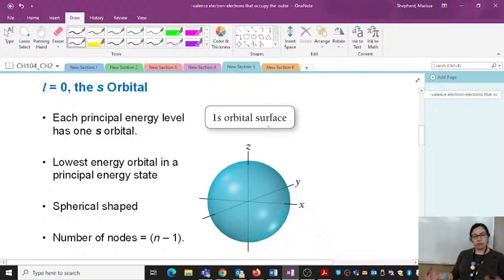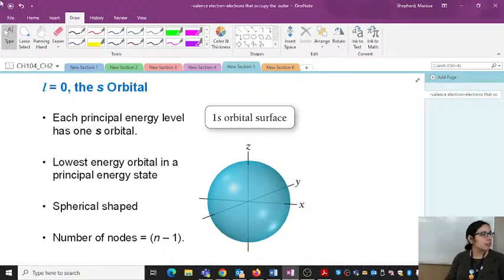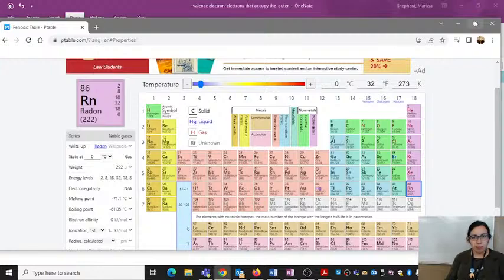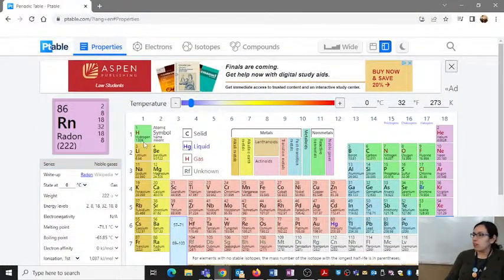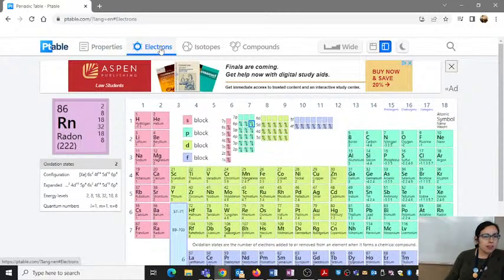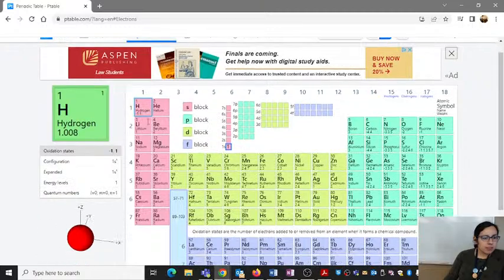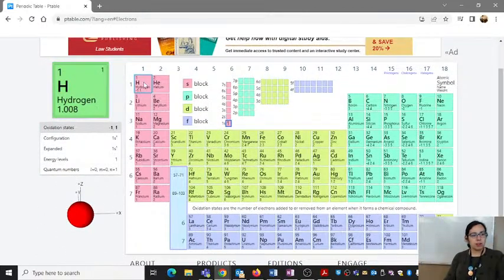Let me pull up that periodic table again. Why I like this periodic table is because it helps with the electron configuration and with visualizing all the orbitals. If you go over to electrons here, it shows us just our little 1s there.